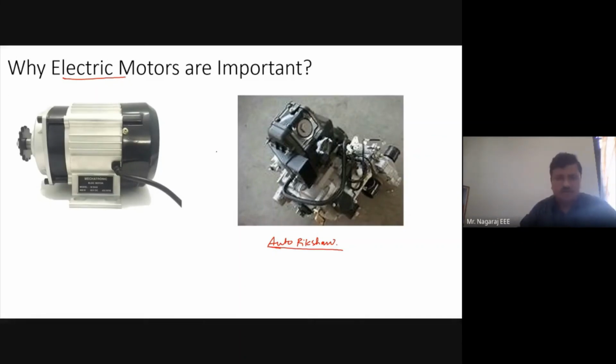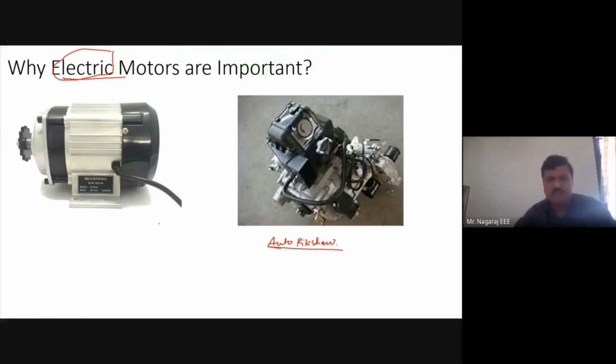Now we have seen why motors are important, because they do a lot of mechanical work which can be substituted for many people. Now, why electric motors? Why not motors that run on other fuels? Because today electricity is available everywhere. Today I can carry electricity in the form of batteries, in the form of chargers.